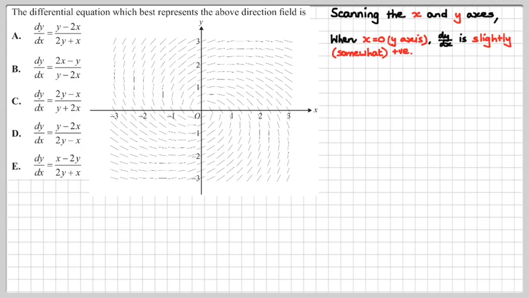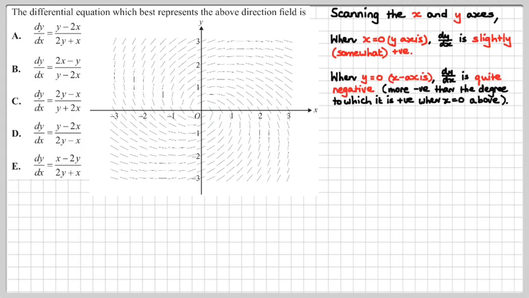Just to recap, when x is naught, on the y-axis over here, dy/dx is slightly but somewhat positive. And when y is naught, on the x-axis, it's quite negative, more negative than the degree to which it is positive when we're going along this axis. So we should be able to get that from our correct option.